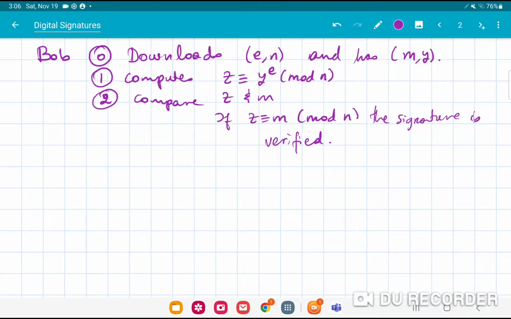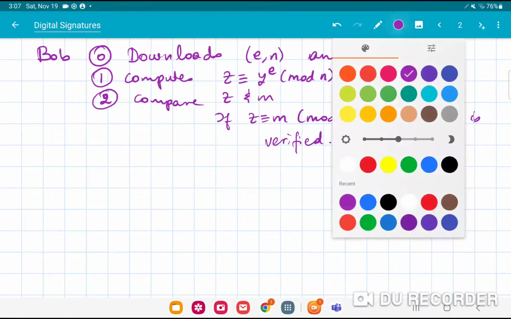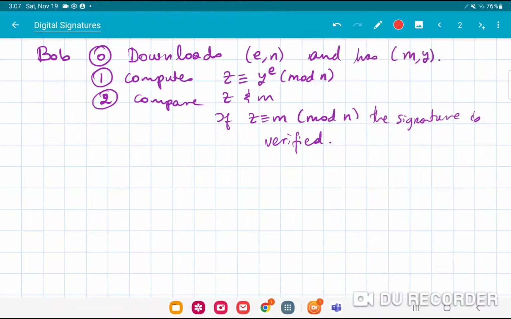So the message is M. The signature part is the Y. And so is Y really the correct signature? Does this verification work? Let's check.